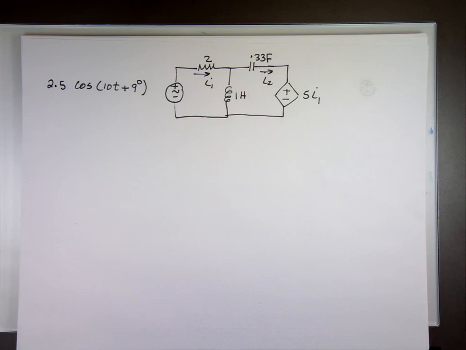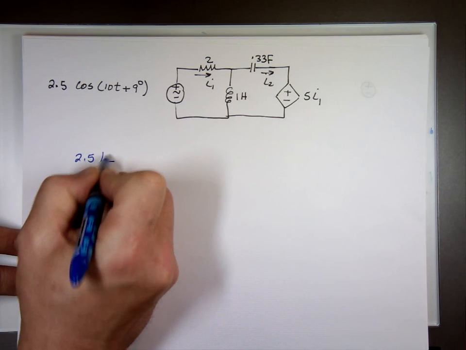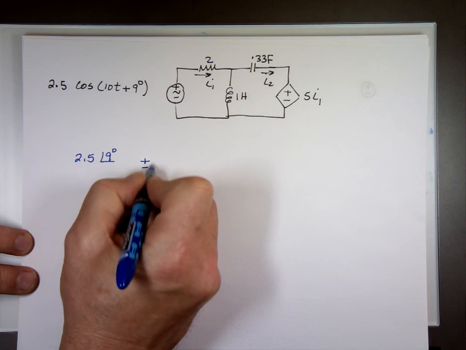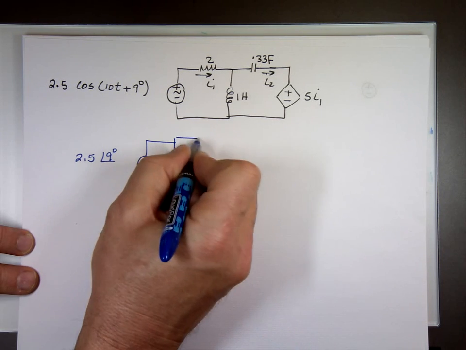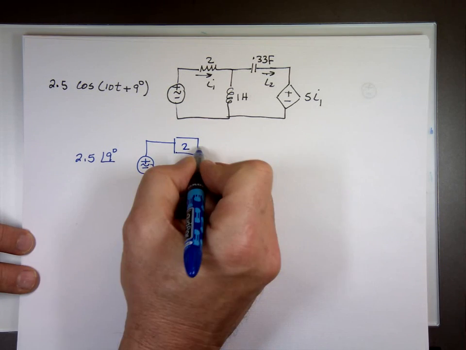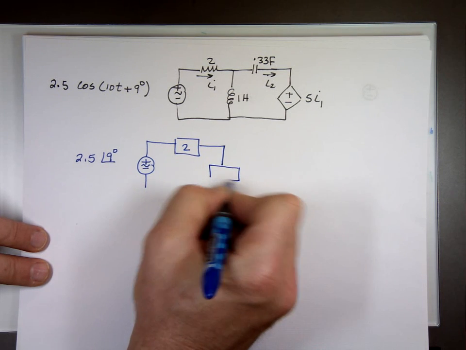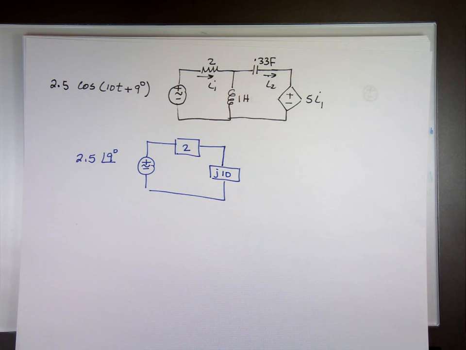Let me convert that to phasor. So to convert to phasor, there'll be 2.5 angle 9 degrees. Resistor stays the same. J omega L, omega is 10, so 10J or J10.